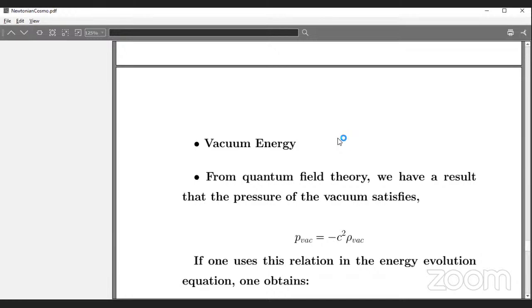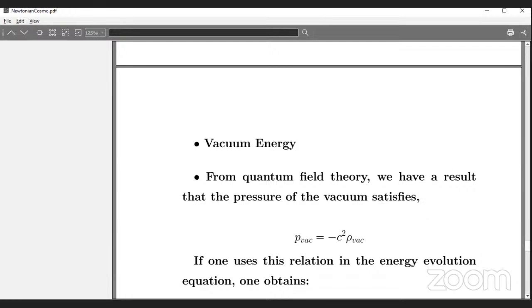Just like in the quantum mechanics of the harmonic oscillator, the ground state energy is not zero. It is half h bar omega, where omega is the natural frequency of the oscillation. Similarly, one can prove in quantum field theory that for every vacuum mode k there is a half h bar omega k of energy, so that the vacuum is seething with energy.